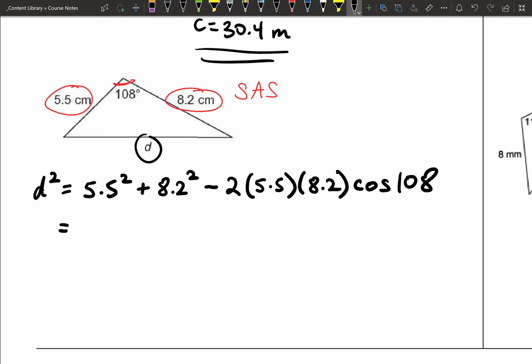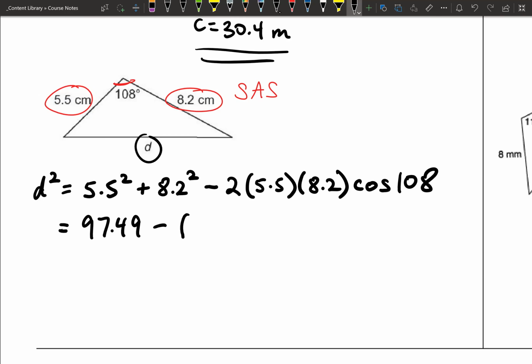So then you just kind of evaluate, simplify, evaluate all this. So here we're going to take 5.5 and square it. So 5.5 squared plus 8.2 squared gives us 97.49. Take away 2 times 5.5 times 8.2 times cosine of 108.